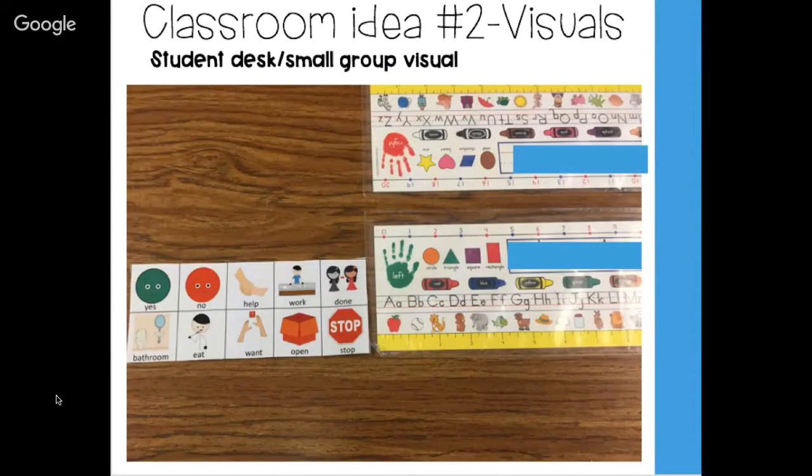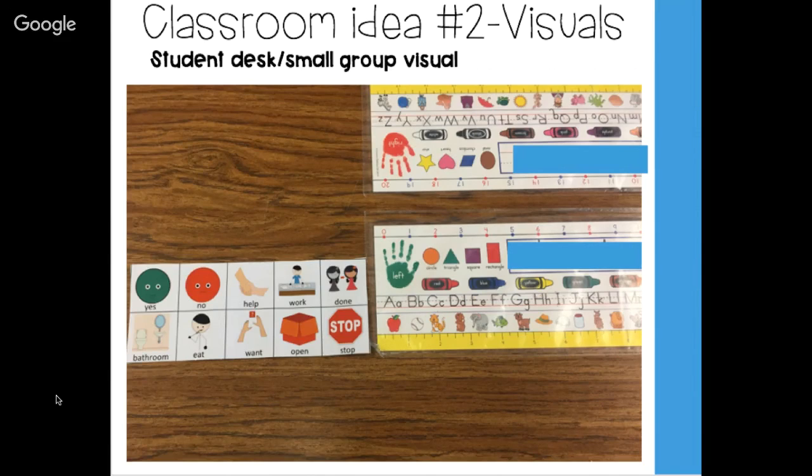This is a picture of one of the desks or the center tables in a classroom in my building. These visuals are just taped, you can see, right next to a student's name tag, and they are just there for quick access.